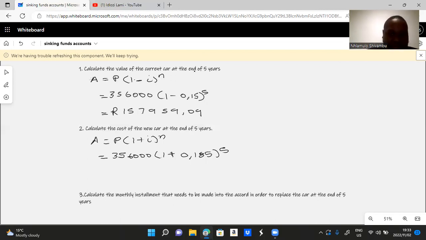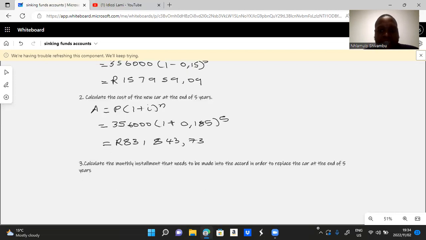And the reason why it's higher, I'm saying it again, is because of inflation. This value is equal to 831,843.73. So this car that cost 356,000 today, at the end of 5 years, will be costing 831,843.73, right?